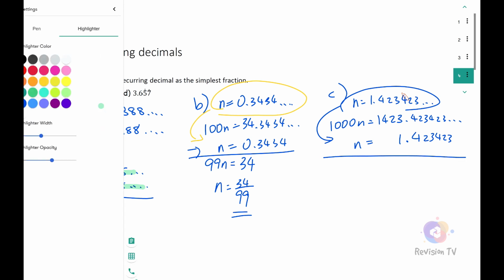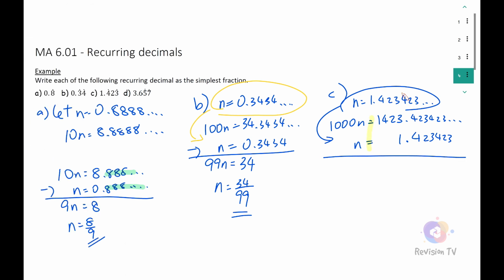Look at here and look at here. Make sure they line up, so it's easier to take away. So 423 minus 423, that's gone. 1423 subtract 1 is 1422, equals 1000n take away n, which is 999n. So n equals 1422 over 999.